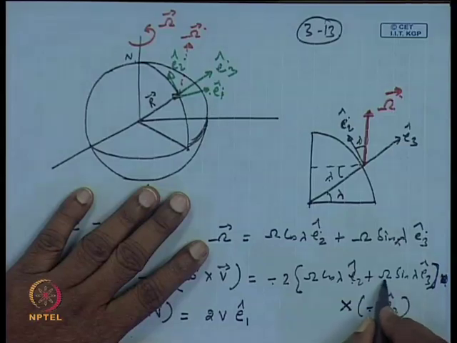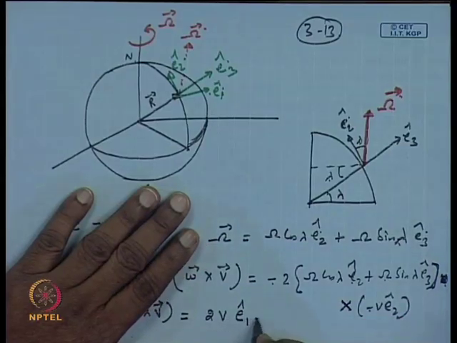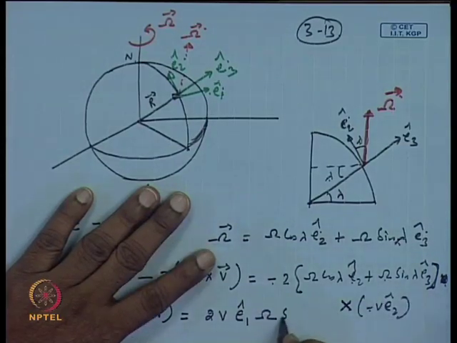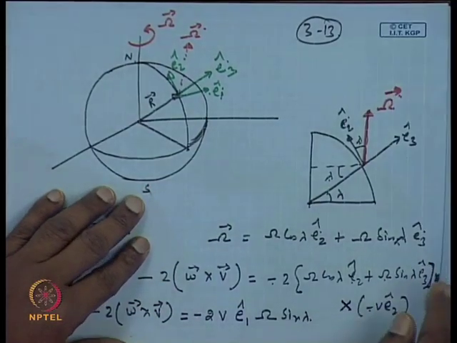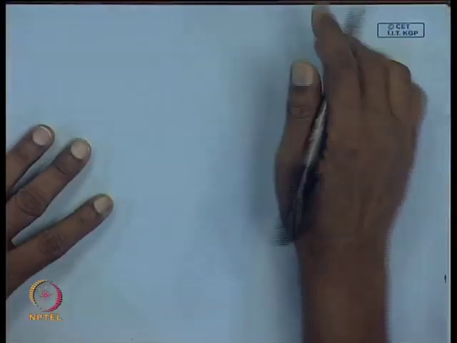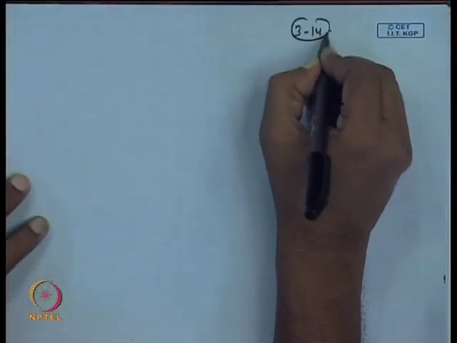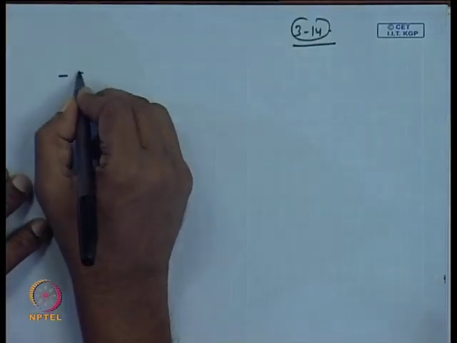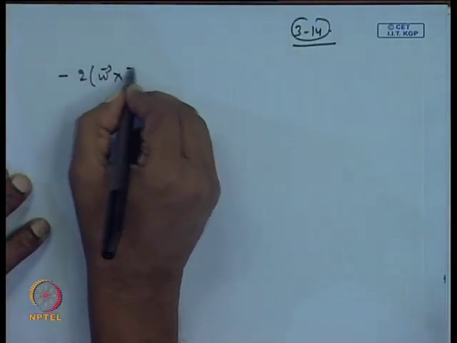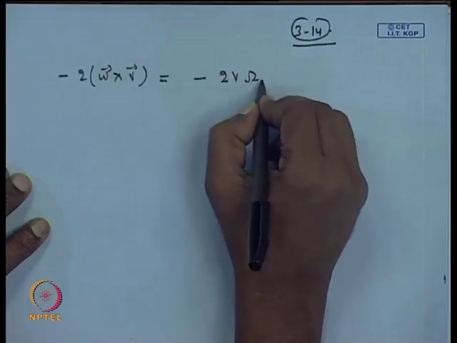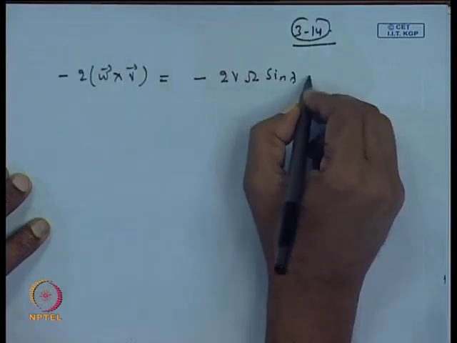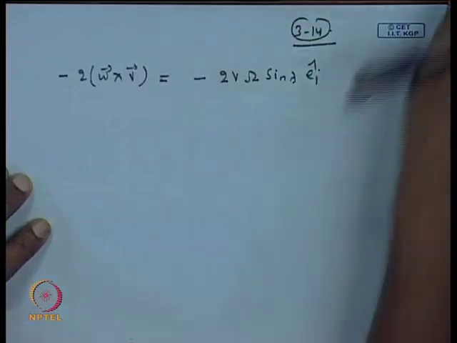And then we have to take care of this capital omega sin lambda, and this is with a minus sign. So, what it gives is that minus 2 times omega cross V is 2V capital omega sin lambda times E1 cap.